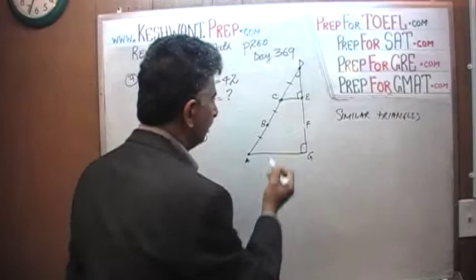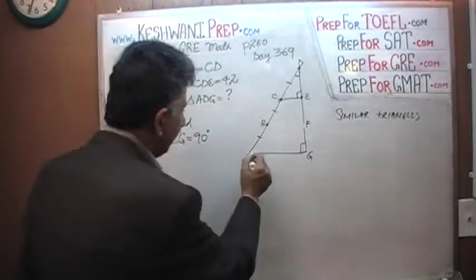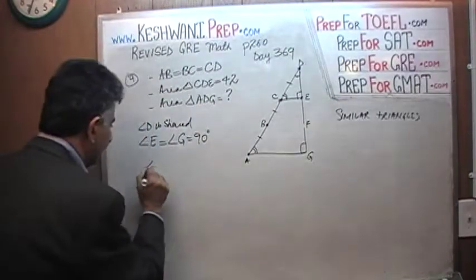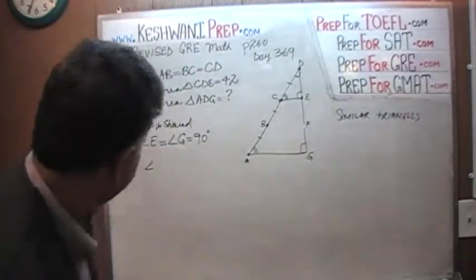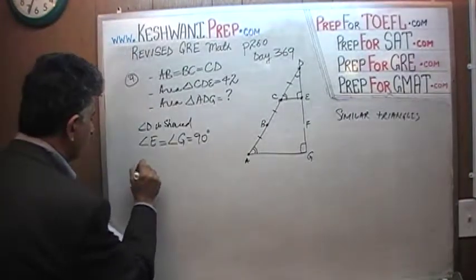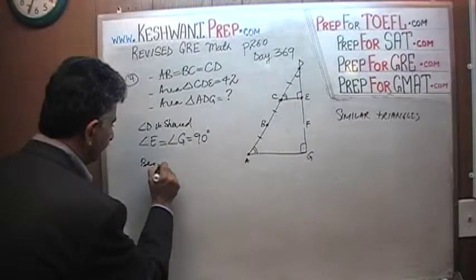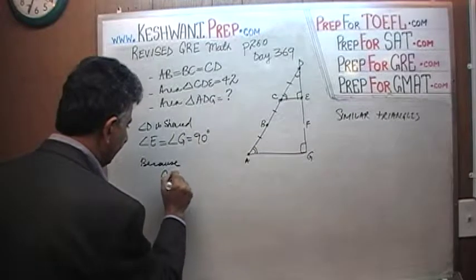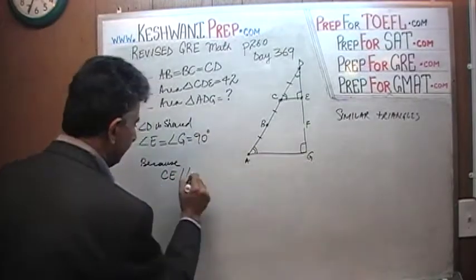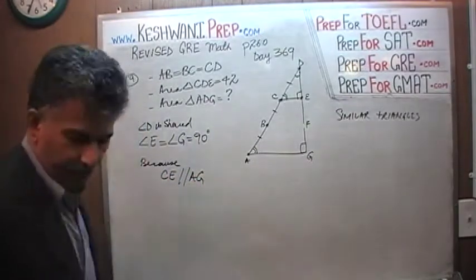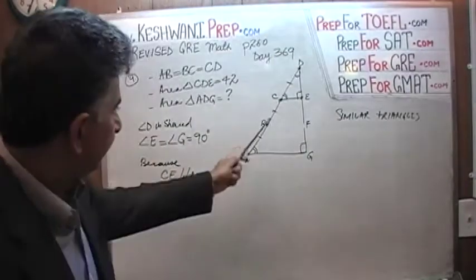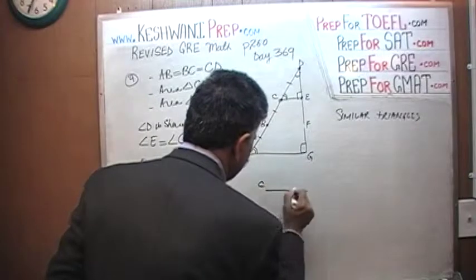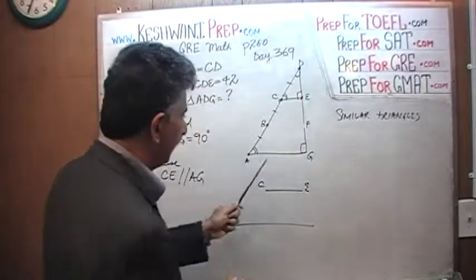Finally, angle A and angle C: the line CE is parallel to AG. One more time, this line CE, C to E, is parallel to A to G.